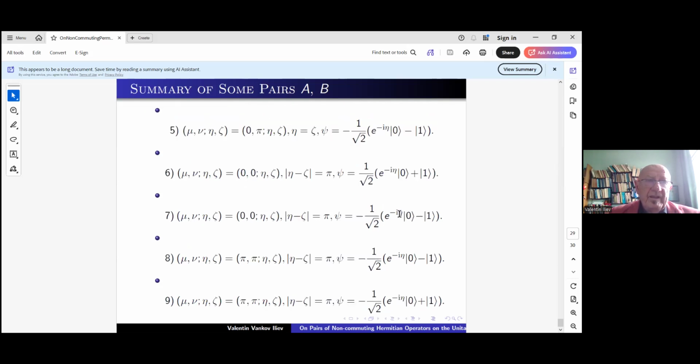Here we have nine such pairs A, B obtained via solving those equations. So we find a complete solution for this particular case, when all epsilons are plus or minus 1 over square root of 2. So this is, more or less, the content of that presentation.